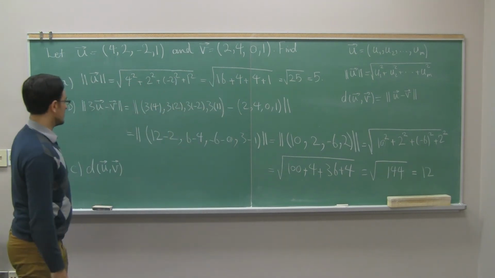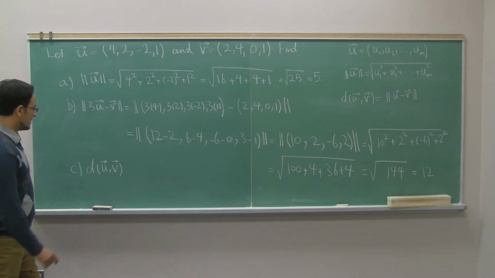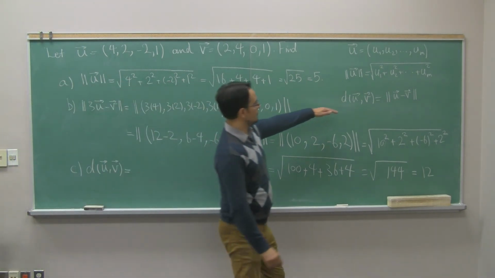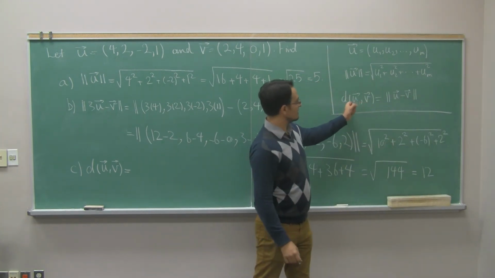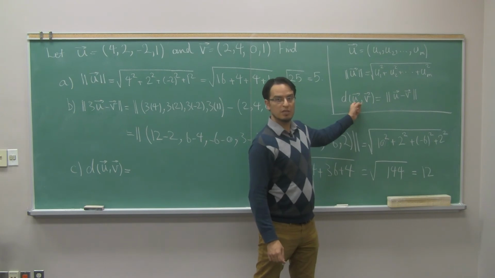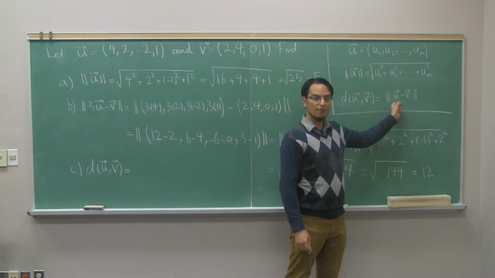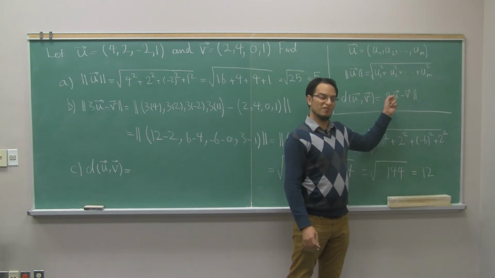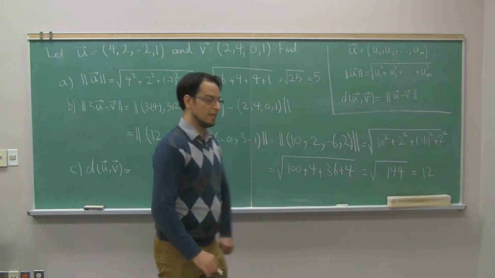Okay, so that was part B. What about part C? Part C, as I mentioned before, let me keep this in a box. As I mentioned before, the distance of two vectors is nothing but the length of the difference. So u minus v, or v minus u, find the vector, and then find the length of that vector.